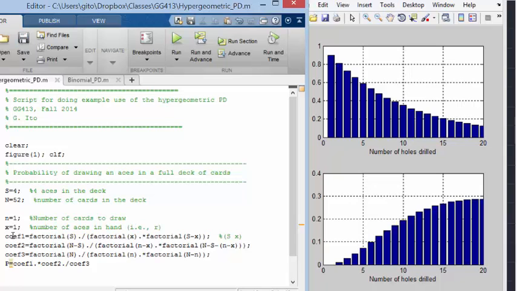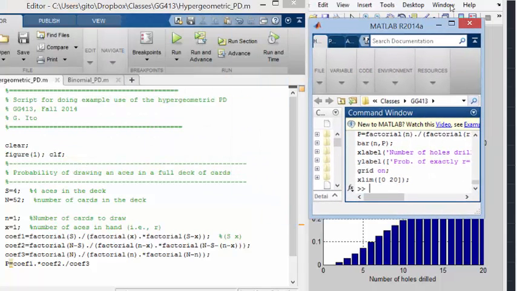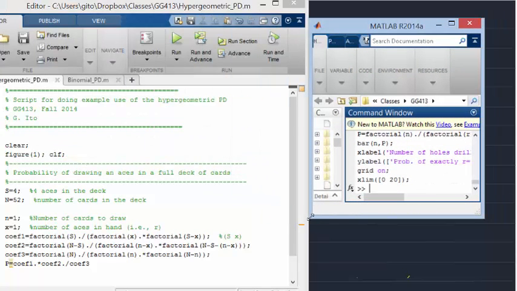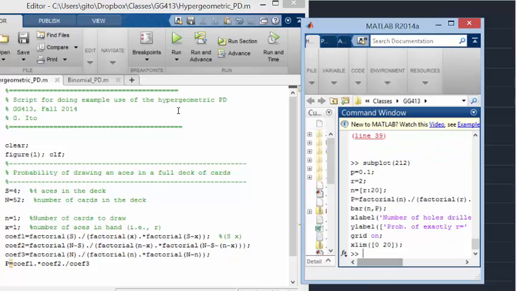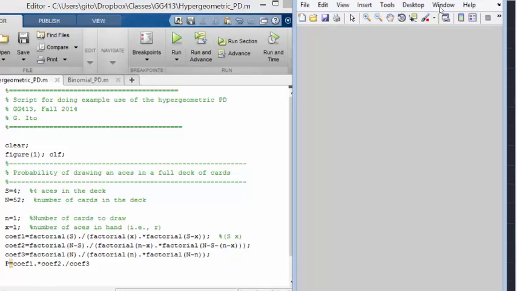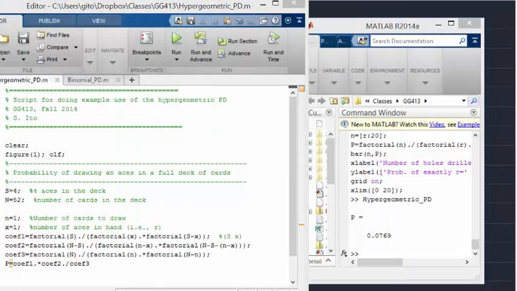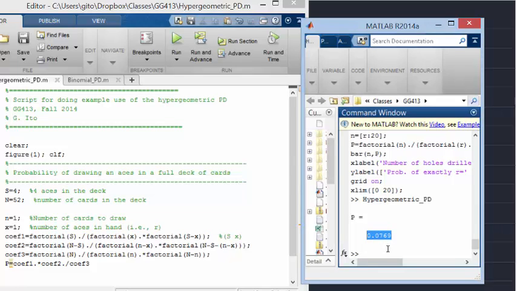So we're going to look at the probability of finding one ace in a deck by drawing one card. And we've actually done that problem before. I'm not going to show any figures. I'll run that, and the probability is 0.077.